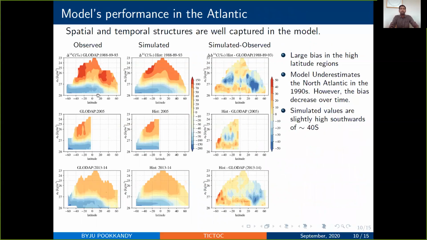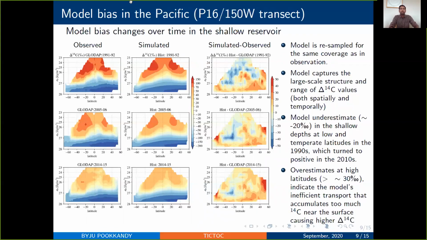Looking at the model biases and how they change over time in the shallow reservoir, the model underestimates by approximately minus 20 per mil in the shallow depths at low and temperate latitudes in the 1990s. Biases then reduced to minus 10 per mil in the 2000s, but the bias then turned positive in the 2010s.